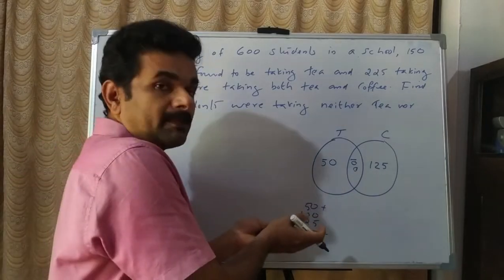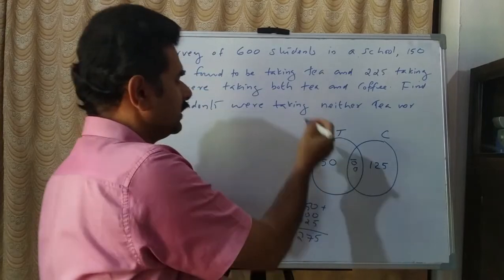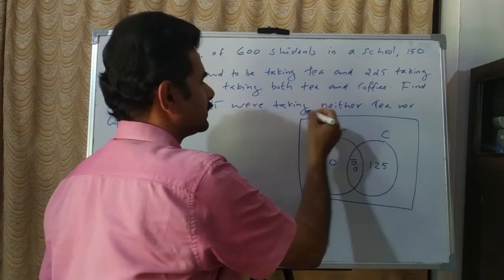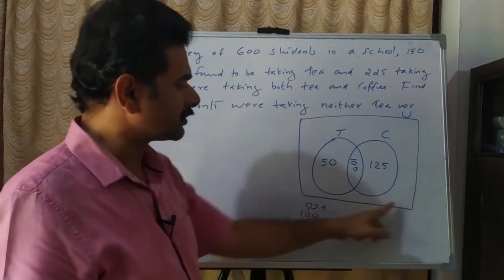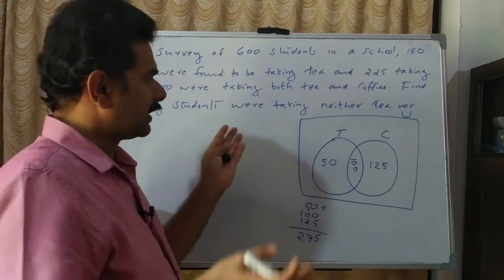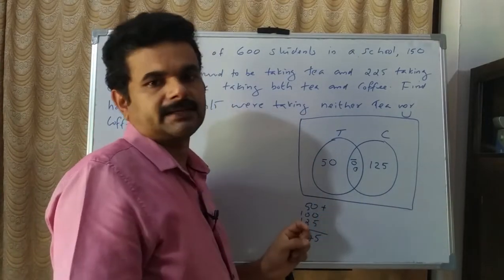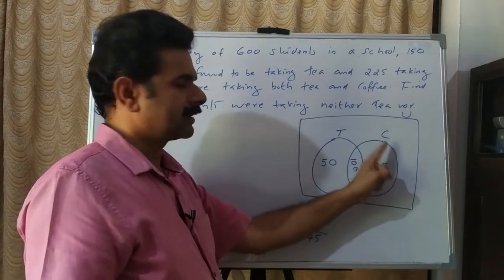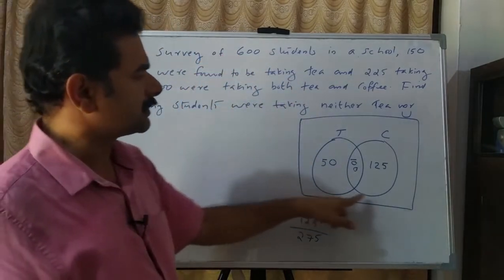So many people are extra other than these two sets T and C. So it is very essential to draw a universal set. Clear? It is very important to draw a universal set because there are extra people who are neither preferring coffee nor tea. They don't want coffee or tea, isn't it? So this universal set is very important.